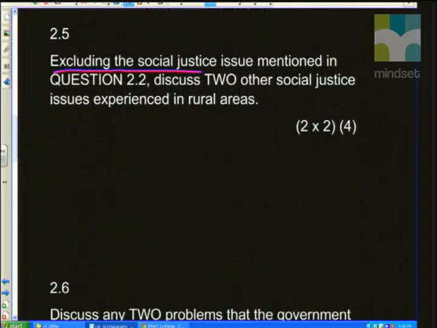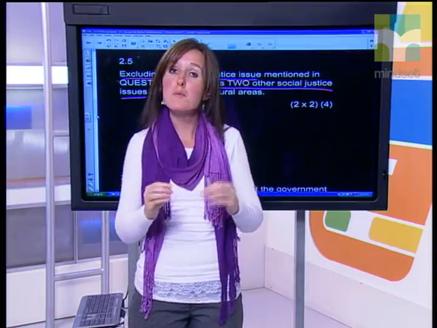Excluding the social justice issue, which we mentioned in question 2.2, you have to discuss 2 other social justice issues experienced in rural areas. So, in other words, what sort of problems are the people in this article facing, right? They mentioned they didn't have access to decent water supplies. They had to collect firewood to do their daily cooking, for example.